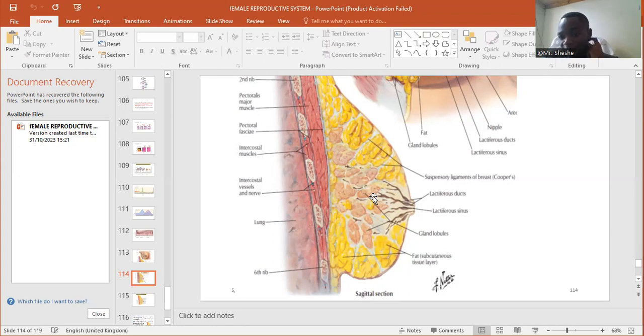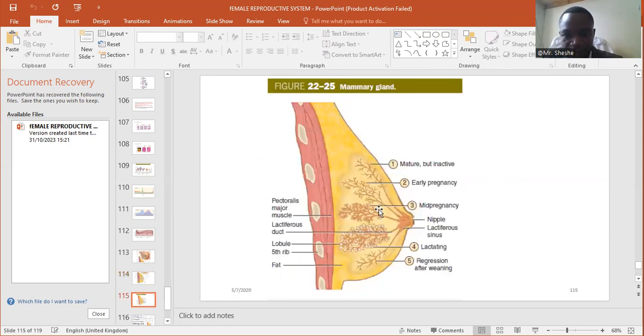Now, this glandular part is divided into lobules. So we have a lobule like that. Let's see them here. Okay. So these are lobules, small sacs, and those sacs are acini in shape. Remember, acini are cup-like in shape.